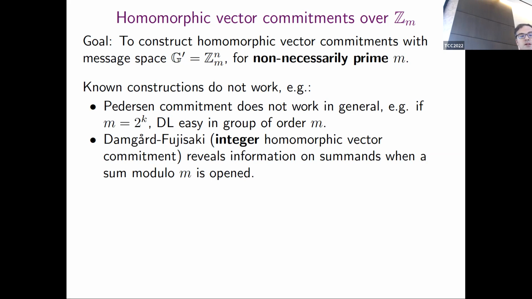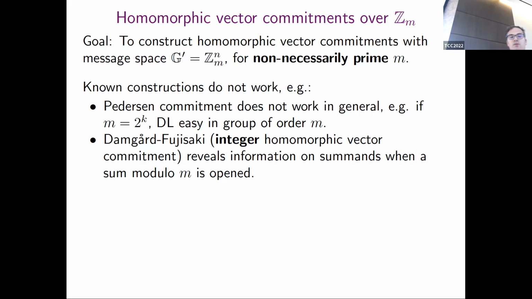Pedersen's commitment, for example, works only for, say, prime values of m, because it needs a group where the discrete log is hard, and this group has to have order m. So in particular, if m is 2 to the k, then you are not going to get that.